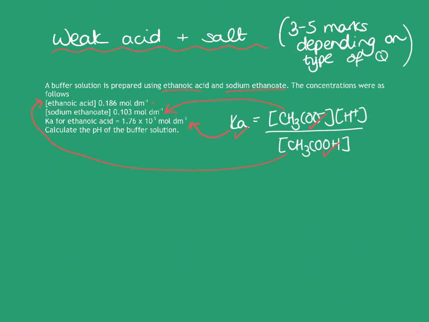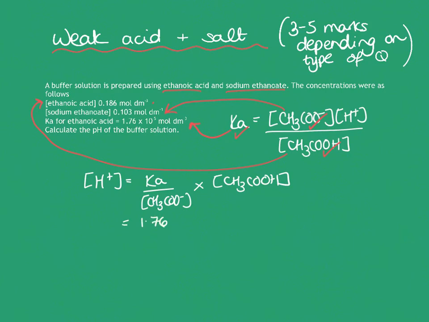So let's just rearrange this. So concentration of H plus is Ka divided by the concentration of the anion times by the concentration of the acid. So we've got 1.76 times 10 to the minus 5 over 0.103 times by 0.186.